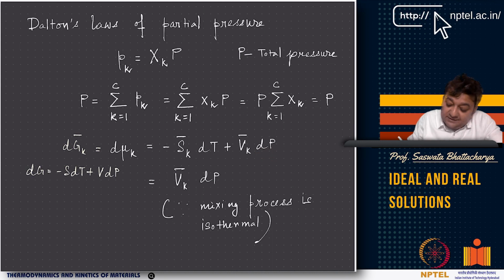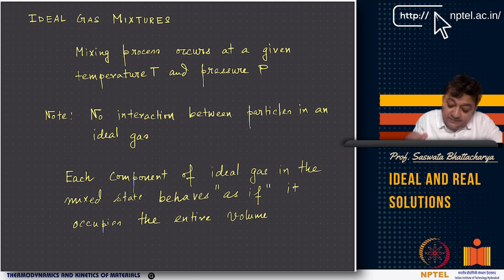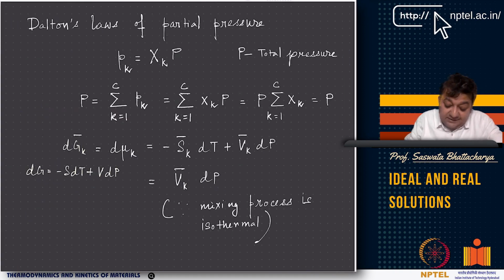Now let us assume that the mixing process is isothermal, occurring at a given temperature. The total pressure is P, and P is not constant, but the temperature is constant.